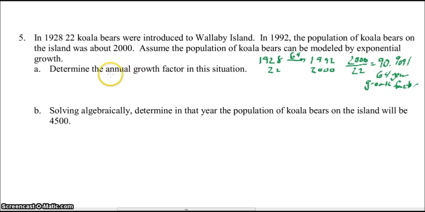But we would like an annual growth factor, a 1-year growth factor. So we take our 64-year growth factor. And we know if we took the annual growth factor and multiplied it by itself 64 times, it would be 90.9091, so we can take the 64th root.